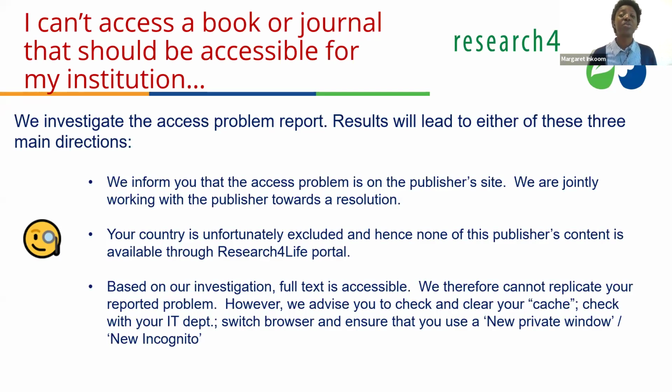Can you help us correct whatever technical issue is behind this that is not making the content accessible? Or it could be that, unfortunately, your country is one of the countries that the publisher has decided for that year to exclude, in which case we will also write to you and inform you accordingly that this is the case.